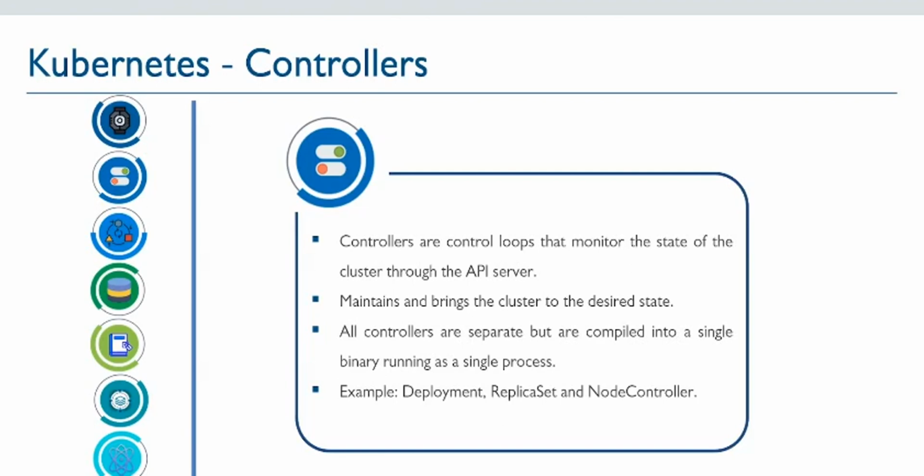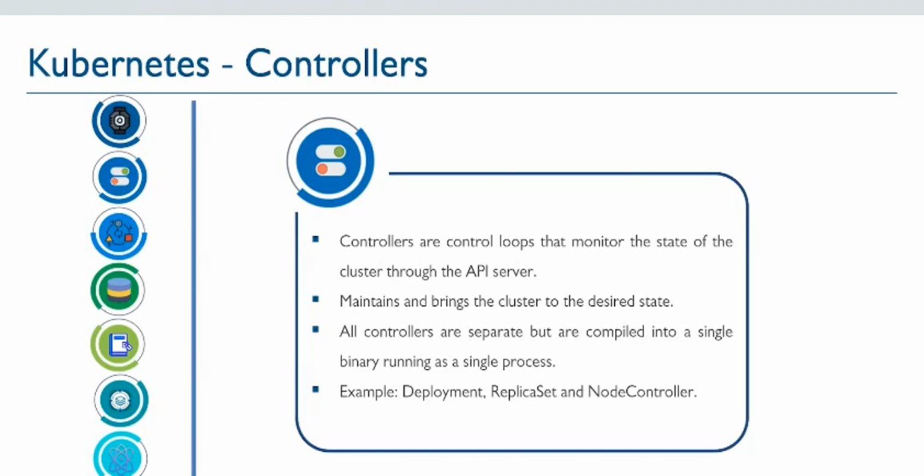If a pod dies, the controller is watching, it is monitoring the state of those pods. And how is it monitoring? Via the API. The controller manager talks to the API to see the state of the cluster. And if it finds that the cluster is not in a desired state, for example, I want my application to run in 2 pods, and if one of the pods dies and only one pod is running, my cluster is not in a desired state.